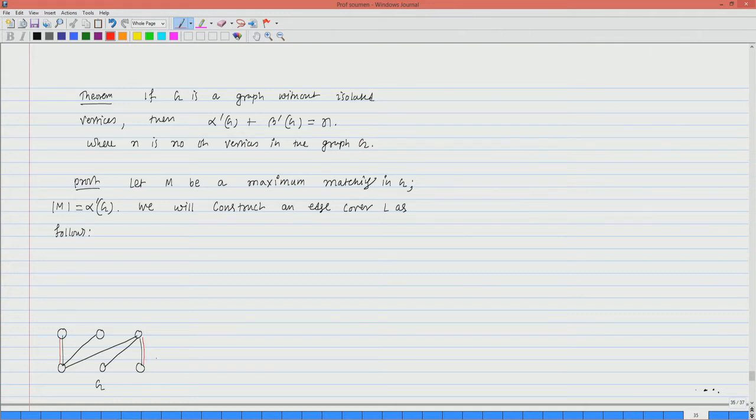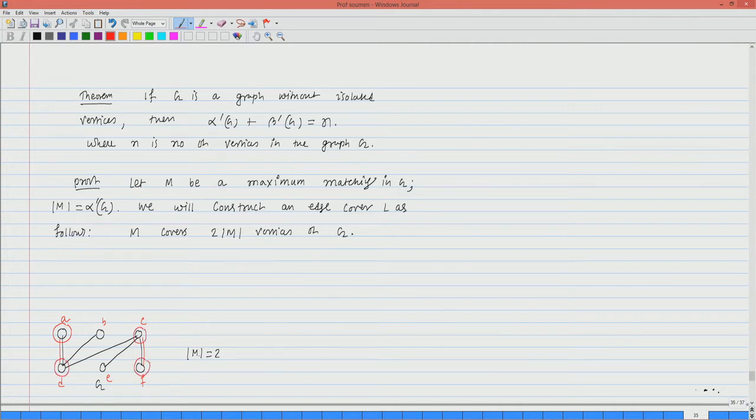So, this is my M, with vertices A, B, C, D, E, F. Now, the matching M covers 2m vertices of G. This is true because here my matching M is of size 2 and it covers 4 vertices: this vertex, this vertex, this vertex and this vertex.